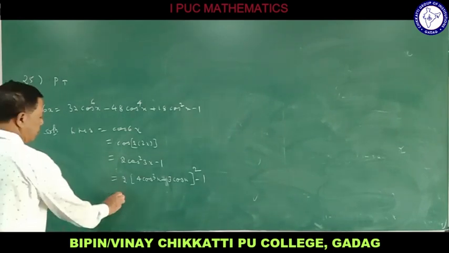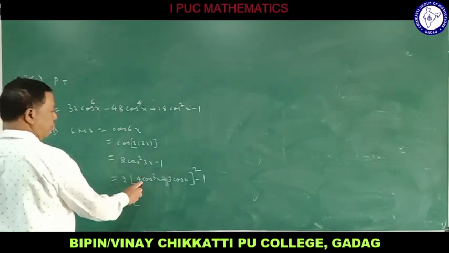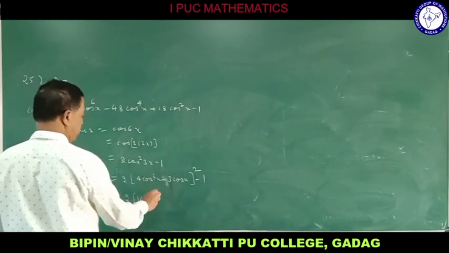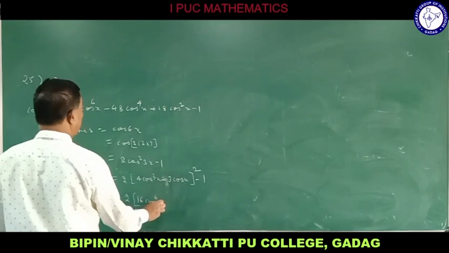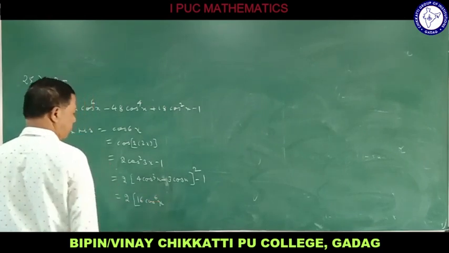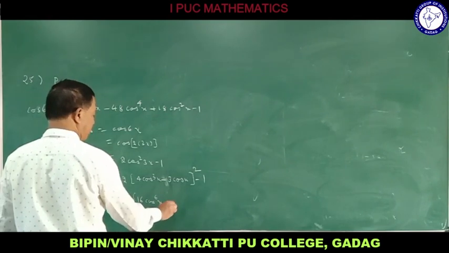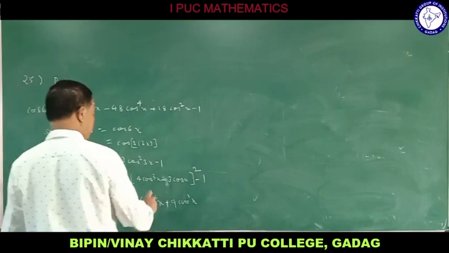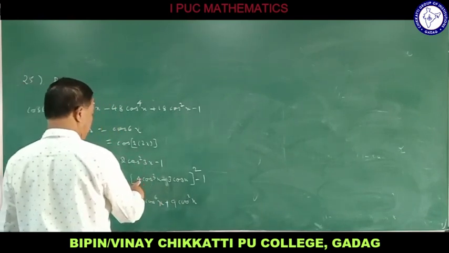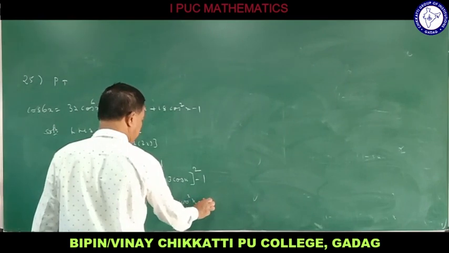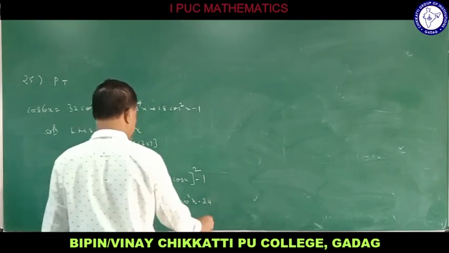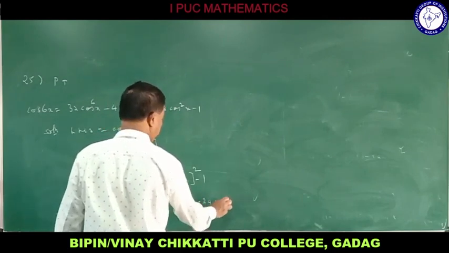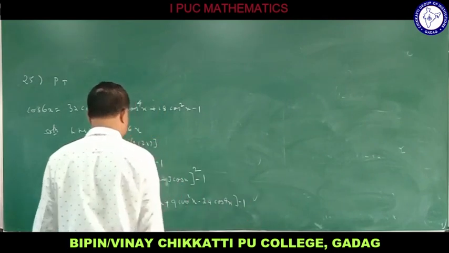Now 2 as it is you write, and first a square: 4 square is 16 cos 6x, and b square means 9 cos square x, and here 2ab: 2 into 4 is 8, 8 into 3 is 24, so minus 24 cos cube x into cos x, which is cos 4th x, and minus 1.